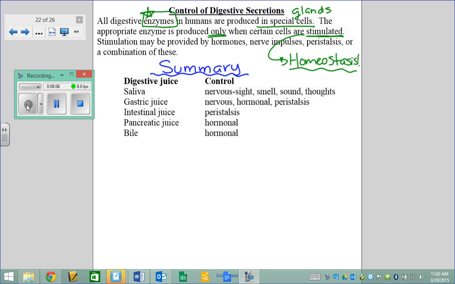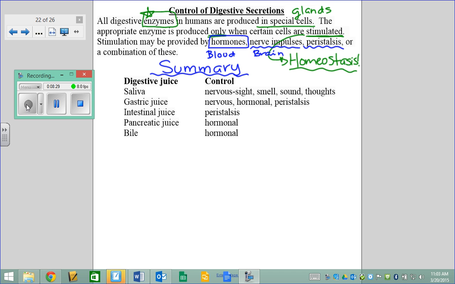Now there's 3 ways in general that enzymes are stimulated. It could be because of a hormone. Hormones are things that go in your blood and travel to cells. It could be because of nerve impulses, so something coming from your brain.